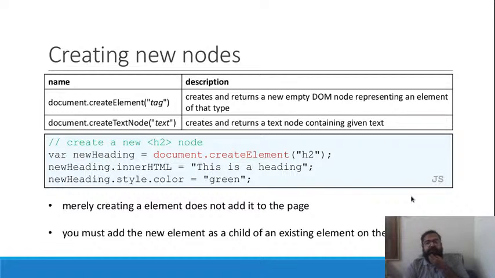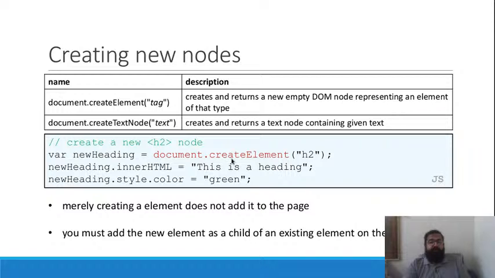Okay, so you can create new nodes, etc. Say for example document.createElement, and you can mention the tag, and you can use document.createTextNode with the text. Okay, so you can create and return a new empty DOM node representing an element of that type, and create and return a text node containing the given text. So you have a variable newHeading that is created by the createElement method from the document.